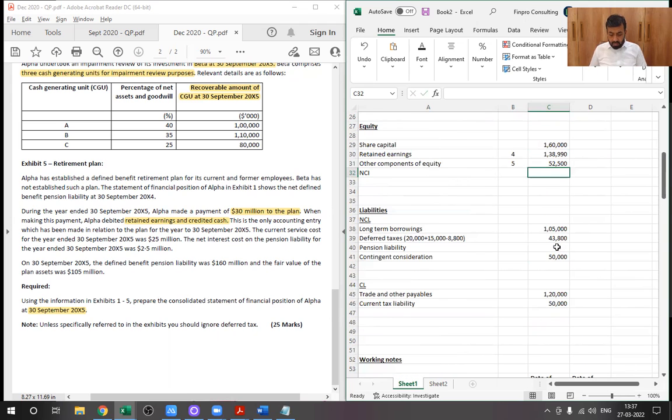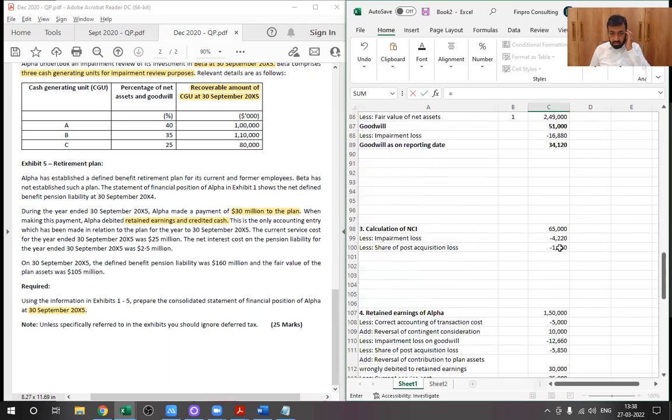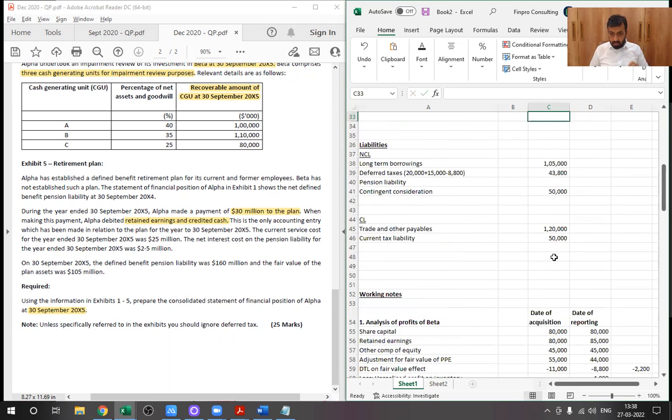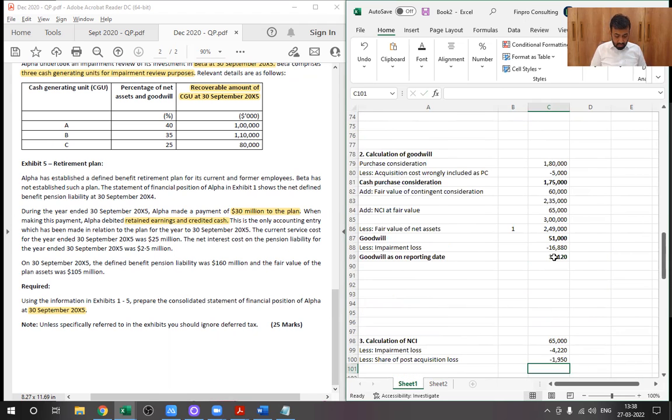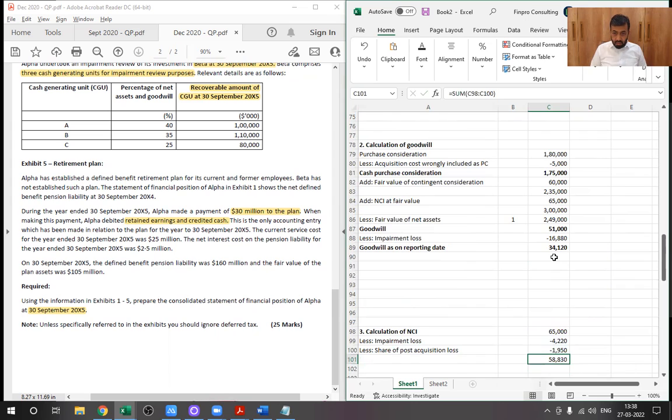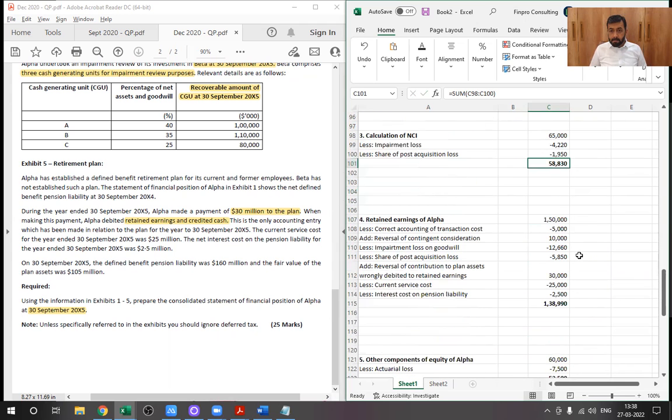NCI, we have note number, I think 4 or no, 3. 3 is NCI. $58,830.